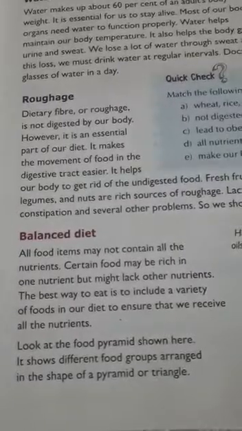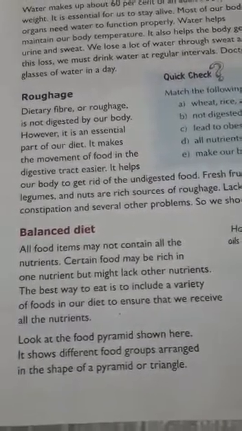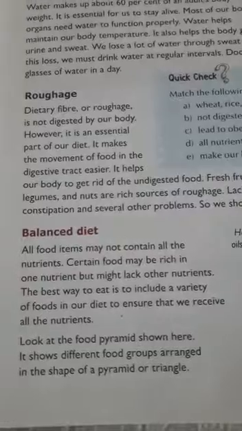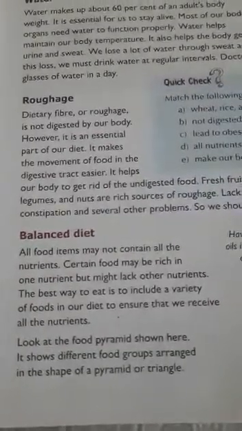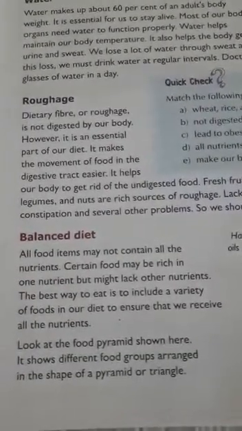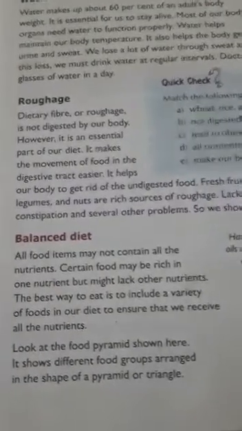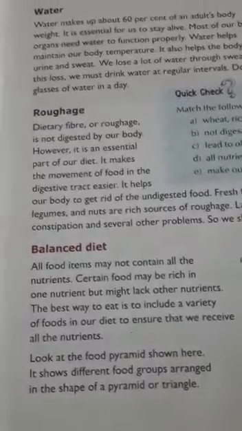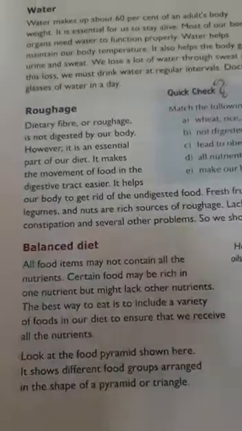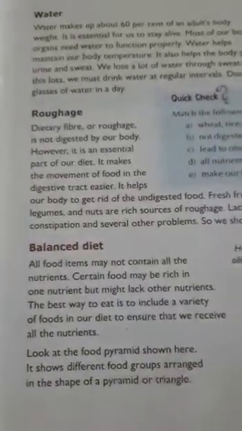All food items may not contain all the 5 main nutrients which we have studied. We have studied that we should add all these nutrients in our daily meals. But every food item may not contain all these nutrients. Every food item may contain one or the other nutrients.